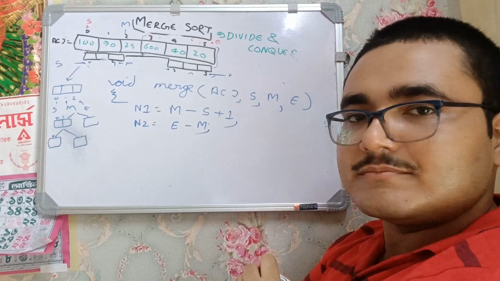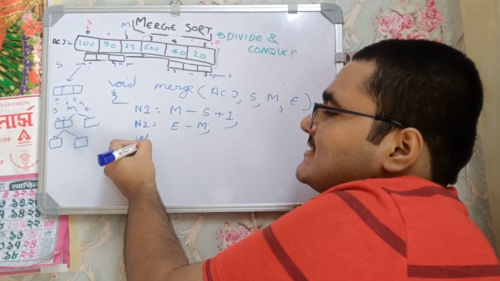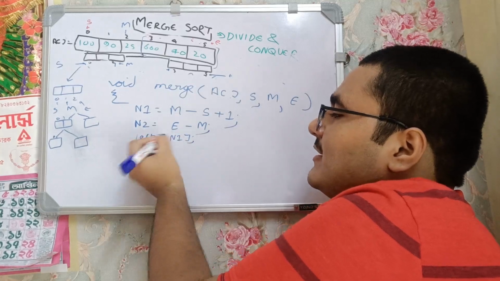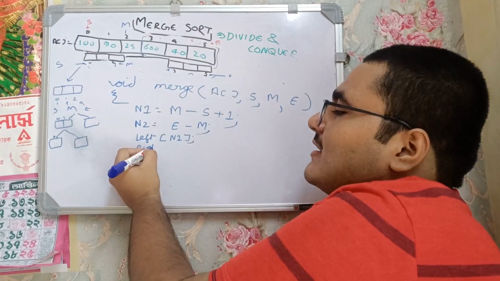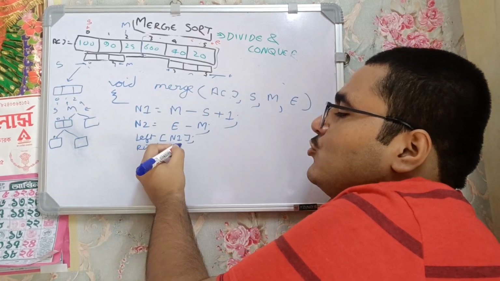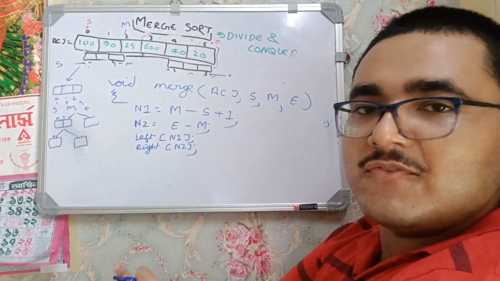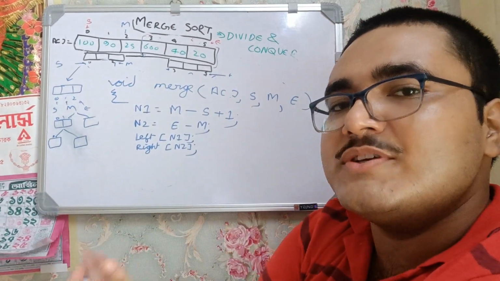Fine. So if I consider two arrays, left should have a size n1, and right should have a size n2. See, this initializing of the array depends upon the programming language you are using.